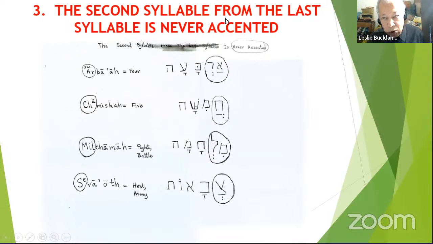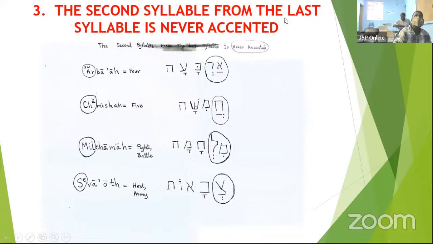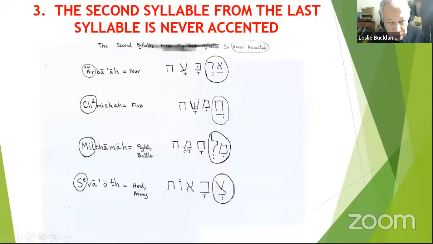You will not go wrong if you answer it like this. Okay, so you have milkama. Notice that 2 syllables from the last syllable, 1, 2, is mil, and this does not get the accent.